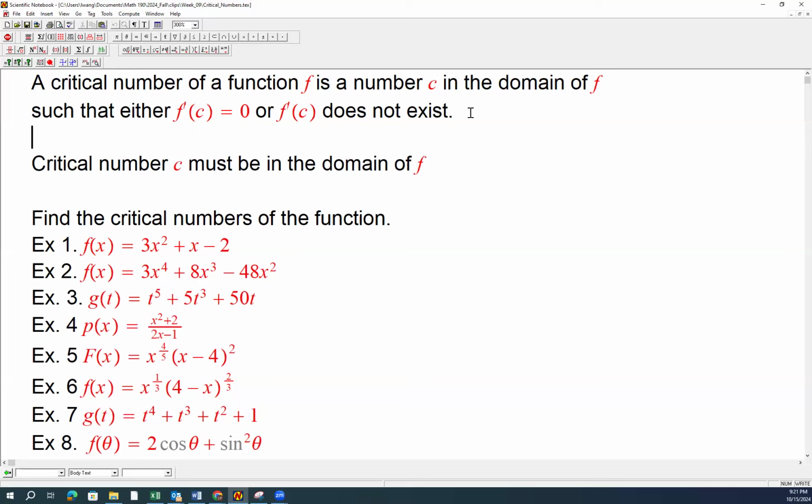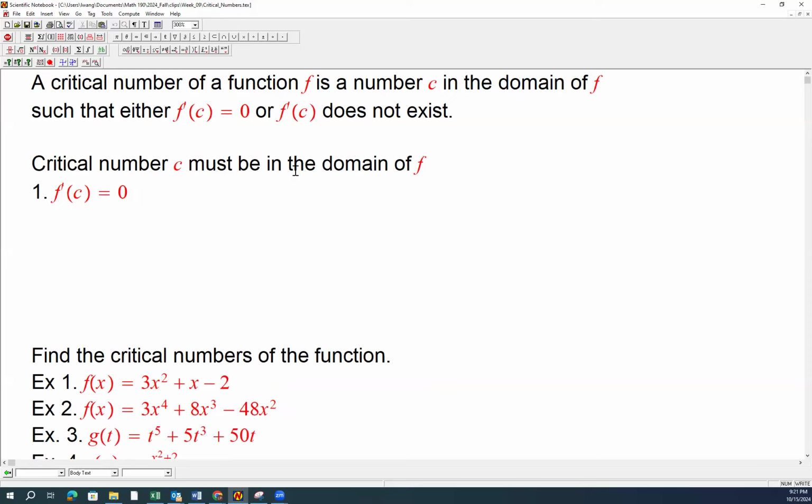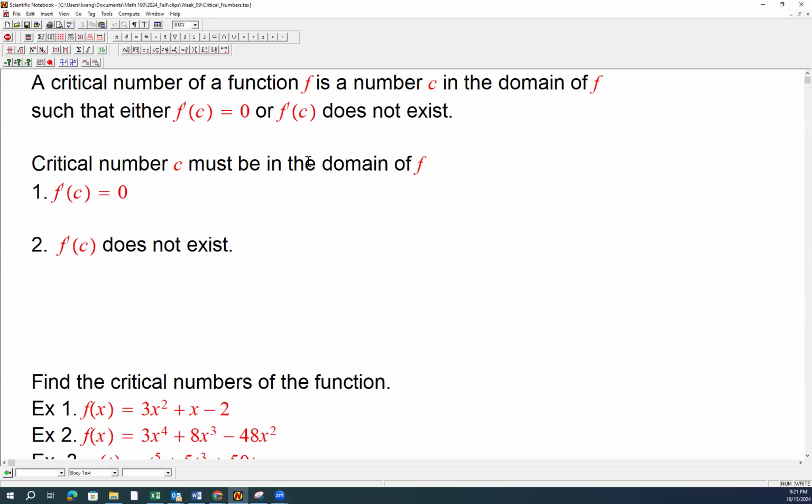And secondly, there are two categories. One category is that the derivative function at C is 0. And the other category, so it's either or: the derivative at C does not exist. So these are the two categories, 1 or 2.